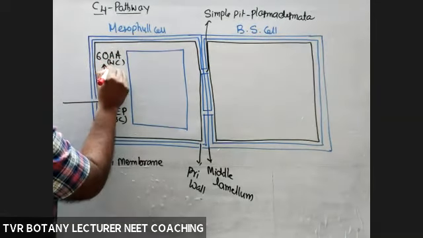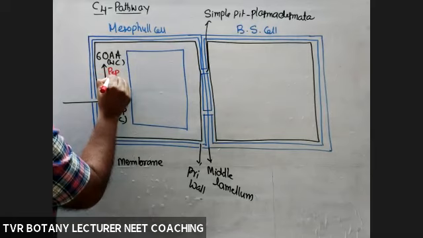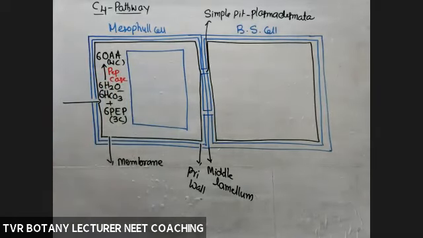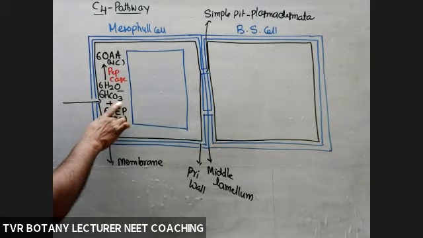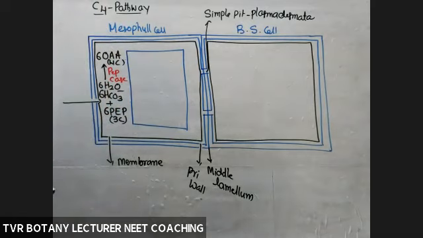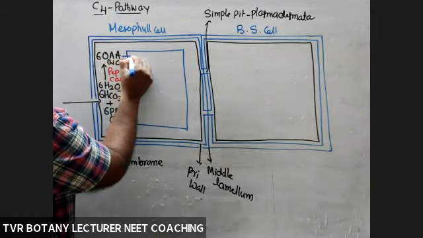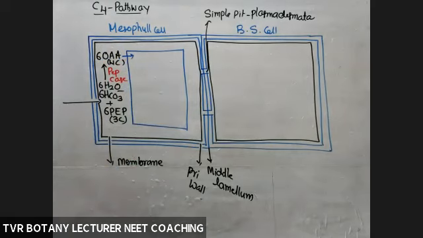That is well known to you. Small letters I'm using, PEPcase. So here the question is carboxylation. Place of carboxylation in C4 plants. First carboxylation is within the cytoplasm. Now OAA is transferred into chloroplast.